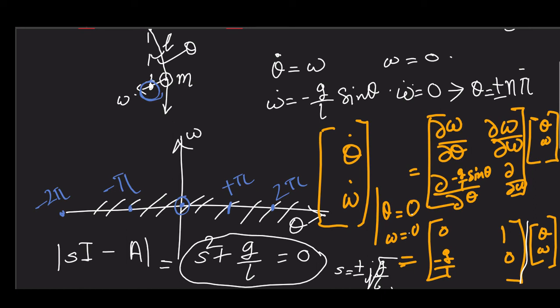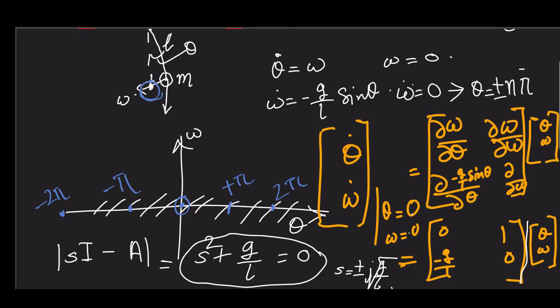If you can recall, the formula comes directly from physics. Whenever a pendulum is executing simple harmonic motion, its frequency is this, and that is the same frequency we get when we linearize the model and find the frequency at our equilibrium point.